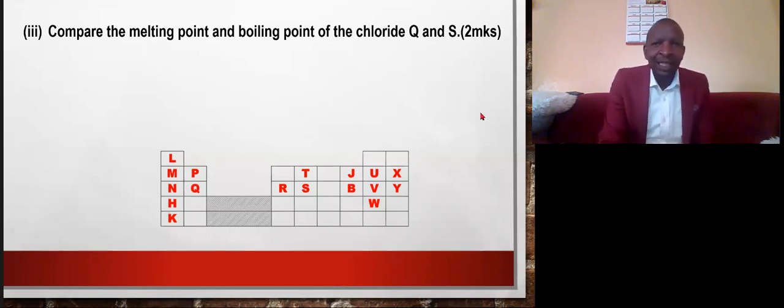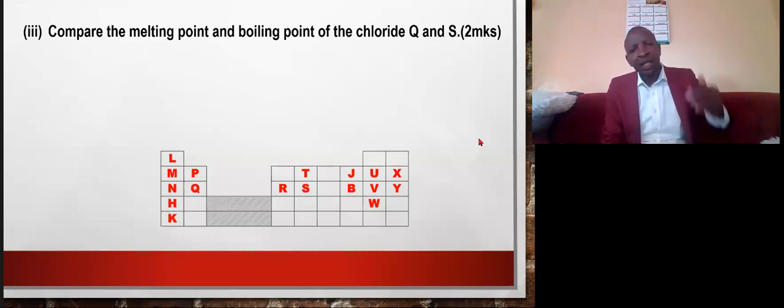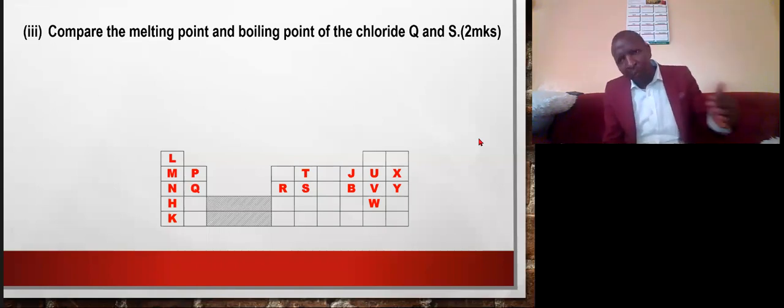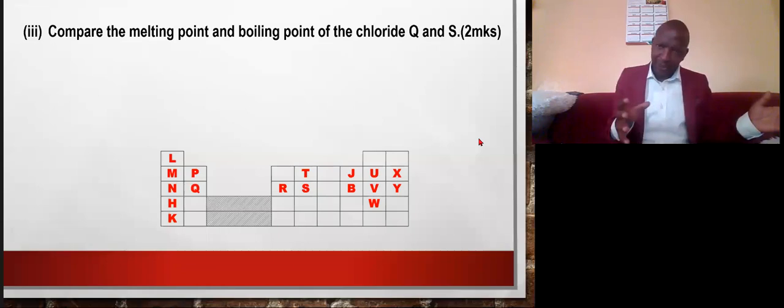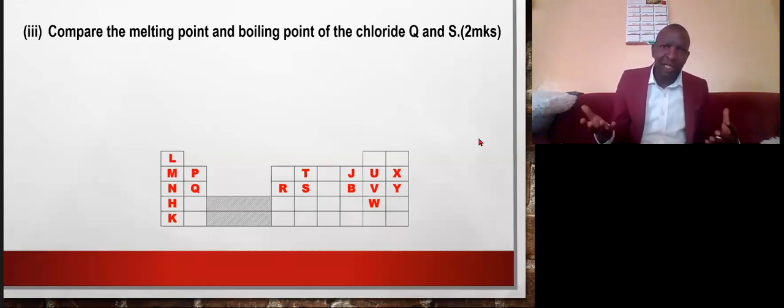The answer there should be as follows: the chloride of Q has a higher melting point than chloride of S. Yes, that's the first melting point. Now, students, the chloride of Q has a higher melting point and boiling point than the chloride of S. In other words, you can also say the chloride of S has a lower melting point than the chloride of Q. Tick.